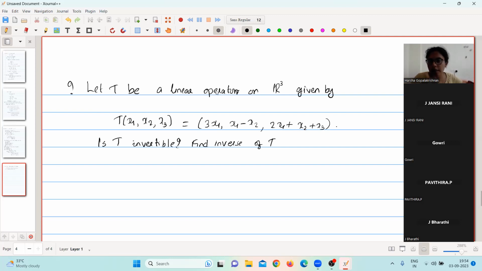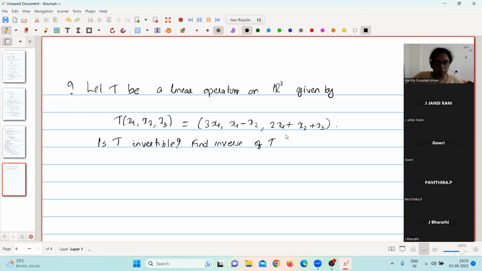Operator means it is from the same space to the same space. It is just the same as a linear transformation. So T is given from R3 to R3 and it is given like this. So the question is, is T invertible? And if yes, find the inverse of T.